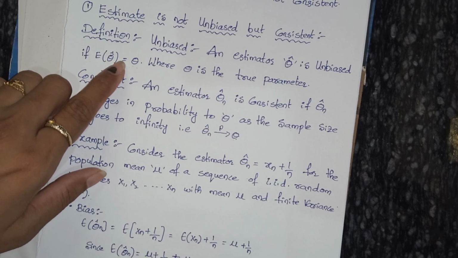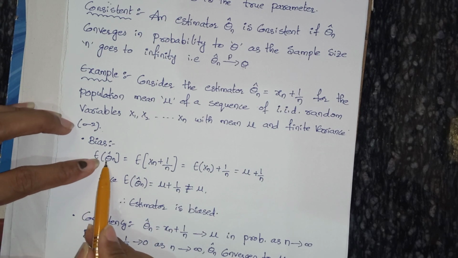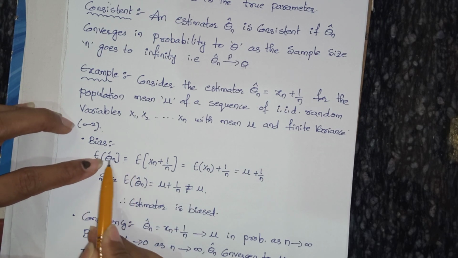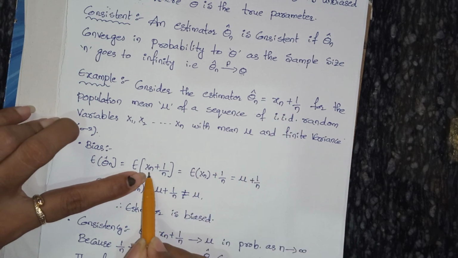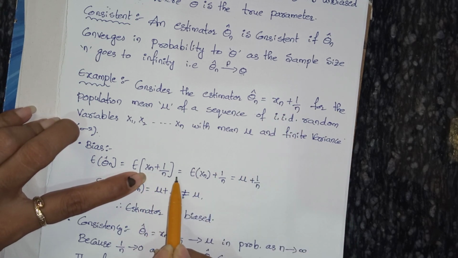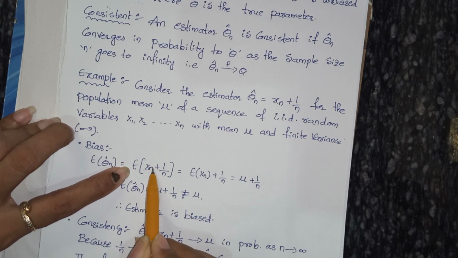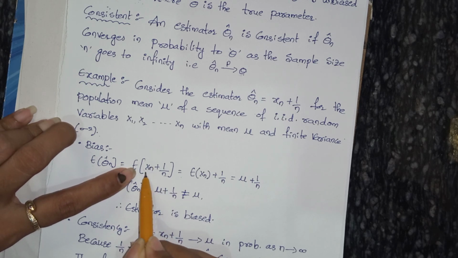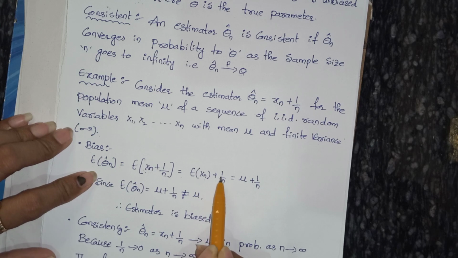Expectation of theta n should equal theta. The value of theta n is X bar n plus 1 by n. Expectation should be applied only to variables, not to constants. Here X is a variable, so we take the expectation of X bar n plus 1 by n.